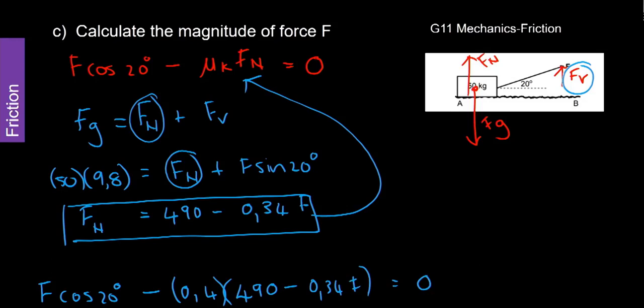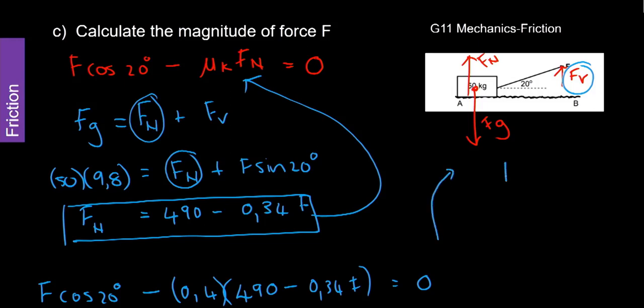We're going to use our mathematics and our calculators, and we're going to come up with the following. I'm going to write it out quickly for you. I have got it here. It is 0.94 F. Okay, so that's this one here. Plus 0.136 F minus 196 equals 0. I'm going to move up to this side here. I'm running out of space.